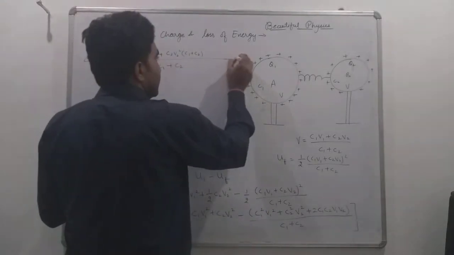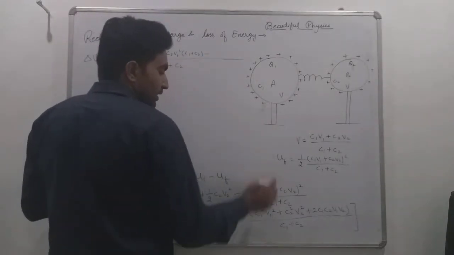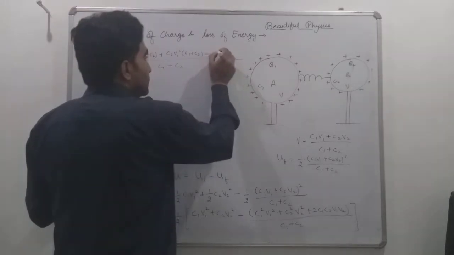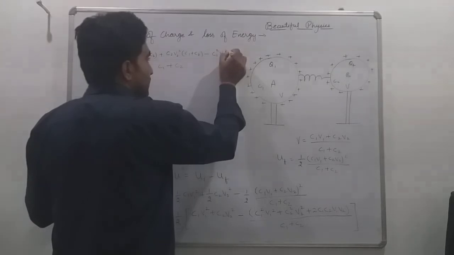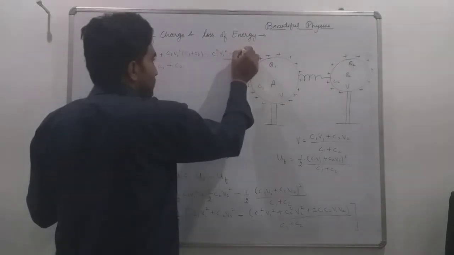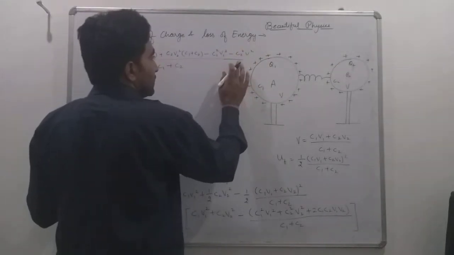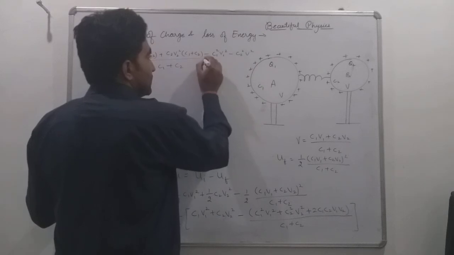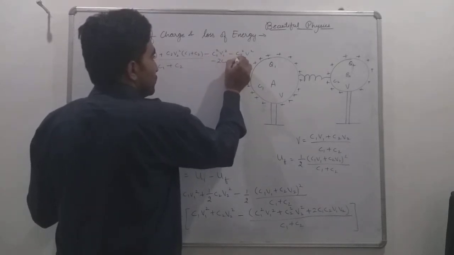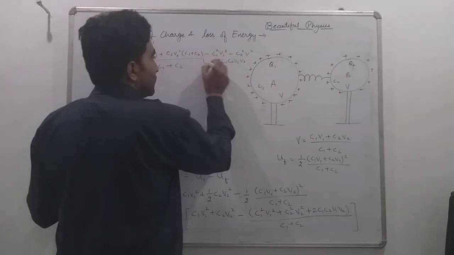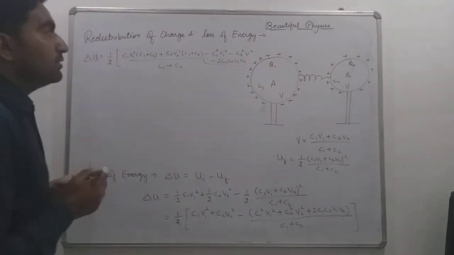When it is multiplied inside, we have minus C1 square V1 square, minus C2 square V2 square, and also minus 2 C1 C2 V1 V2. Okay, and we have this result.